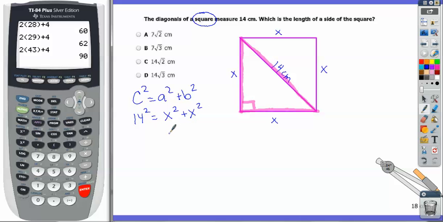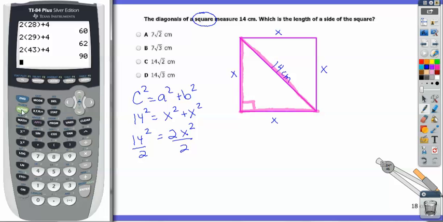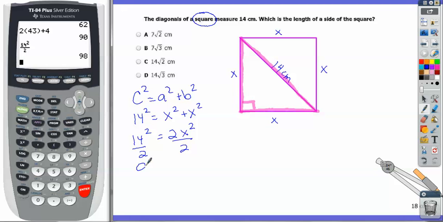Now, x squared plus x squared is 2x squared. I divide by 2, so I'm going to do that in my calculator. I haven't shown you this yet, but don't forget that alpha y equals makes this nice little fraction bar, and I can say 14 squared divided by 2 is 98.